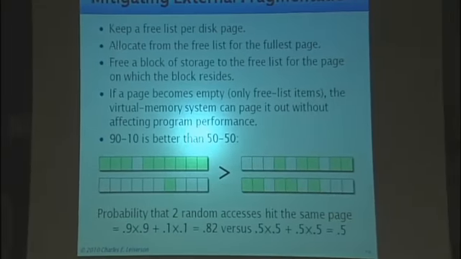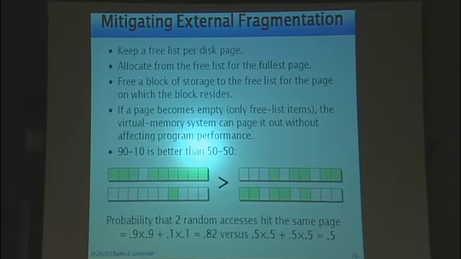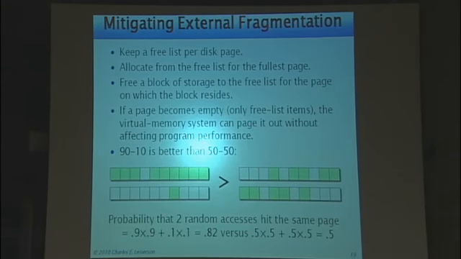So here's the idea: you can keep a free list per disk page. A traditional page is 4,000 bytes. These days they talk about super pages that are megabytes, and who knows what size pages various operating systems will support. I believe the clouds use 4K.